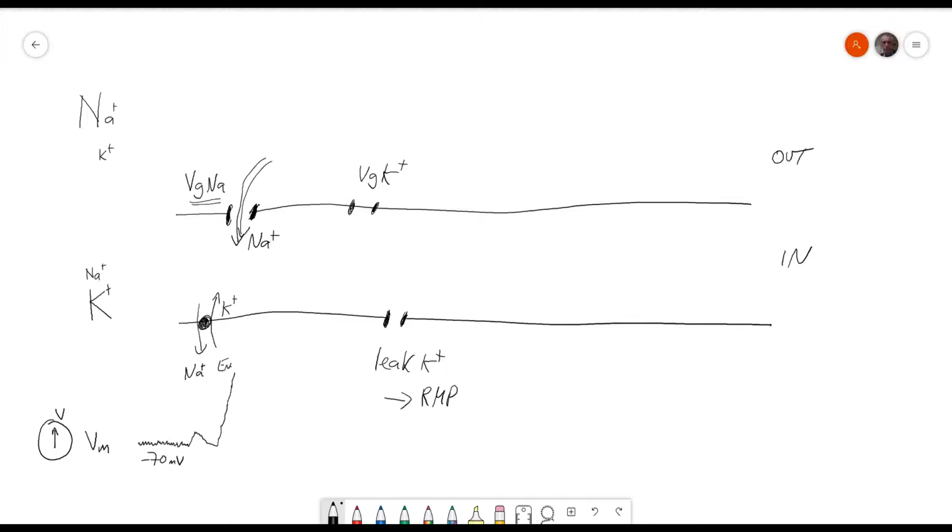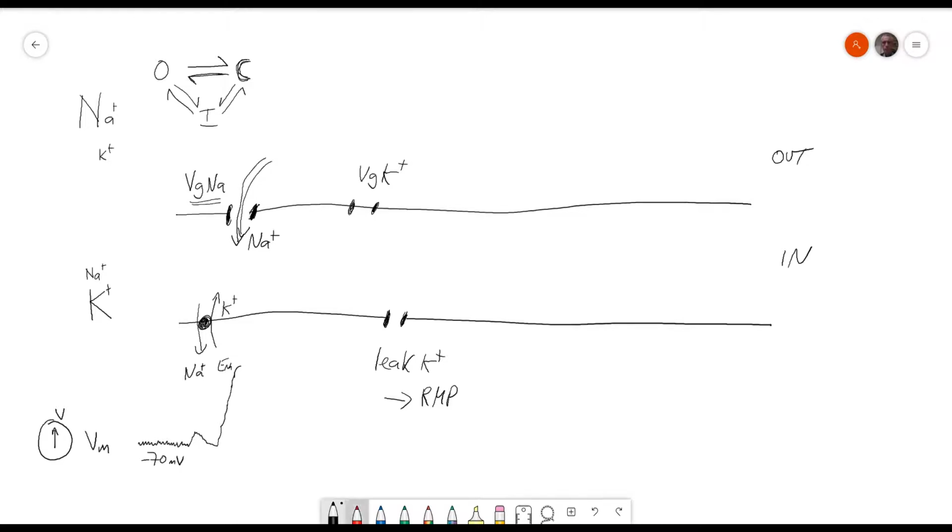Now a couple of things start to happen. What's happened is normally the sodium channels are in equilibrium between being open, closed and inactivated. Constantly in this equilibrium, and up to now they've been closed. When these channels have been depolarized, they move into the open state.